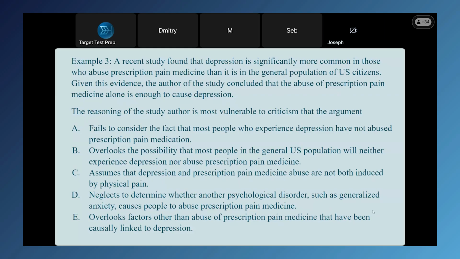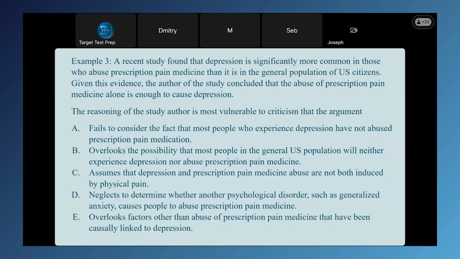D neglects to determine whether another psychological disorder, such as generalized anxiety, causes people to abuse prescription pain medicine. So when you're talking about a cause and effect, you have to narrow in on your cause and effect. This is something the argument does.